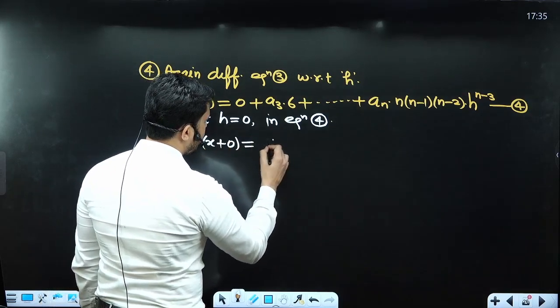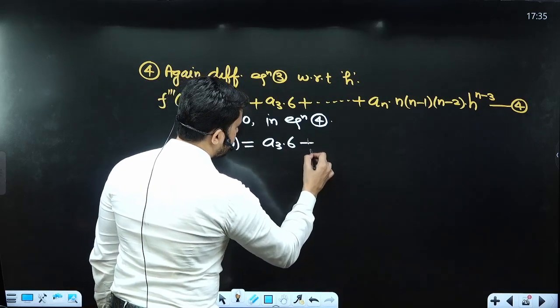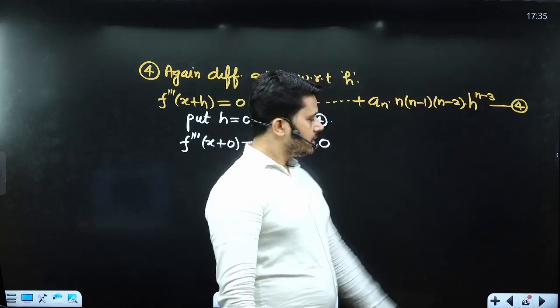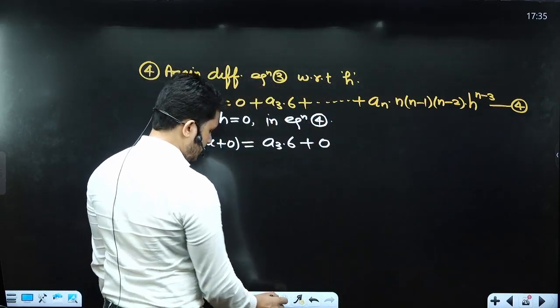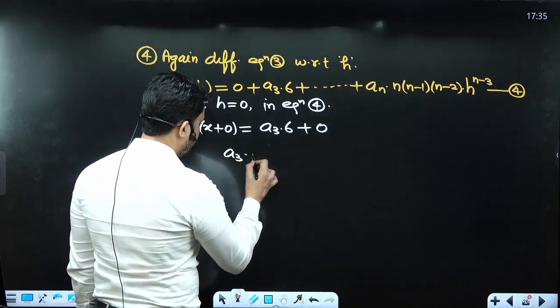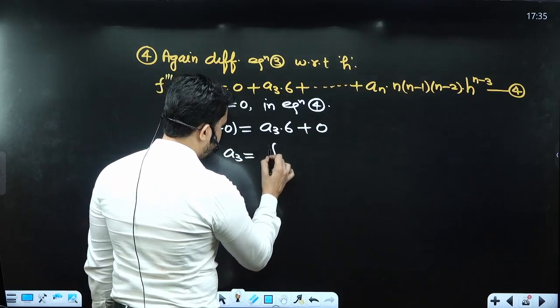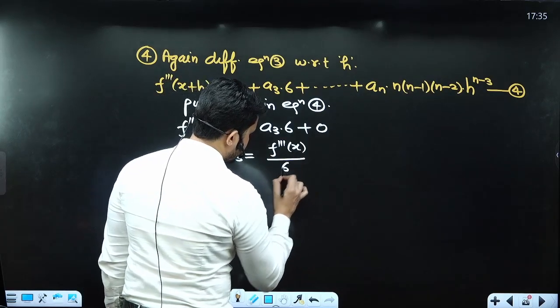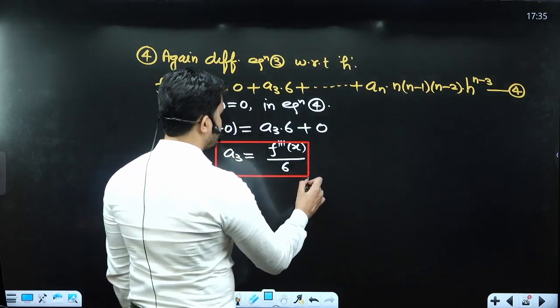On the right hand side it will become a3 into 6, and the rest of the terms contain h, so they will become 0. So a3 will be f triple dash x upon 6.